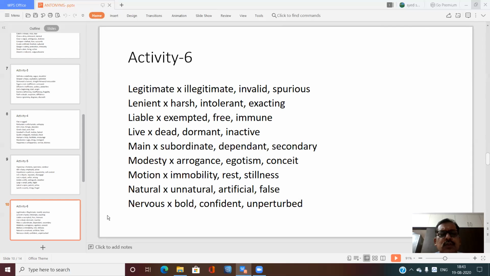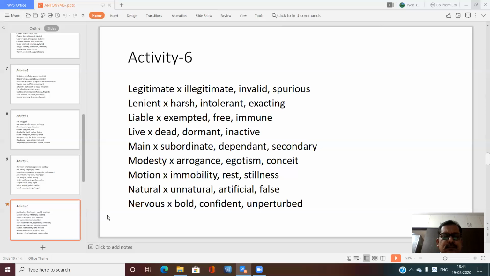Next, motion. Opposite: immobility. Immobility means stationary. Rest, stillness. These are the opposite words of motion.